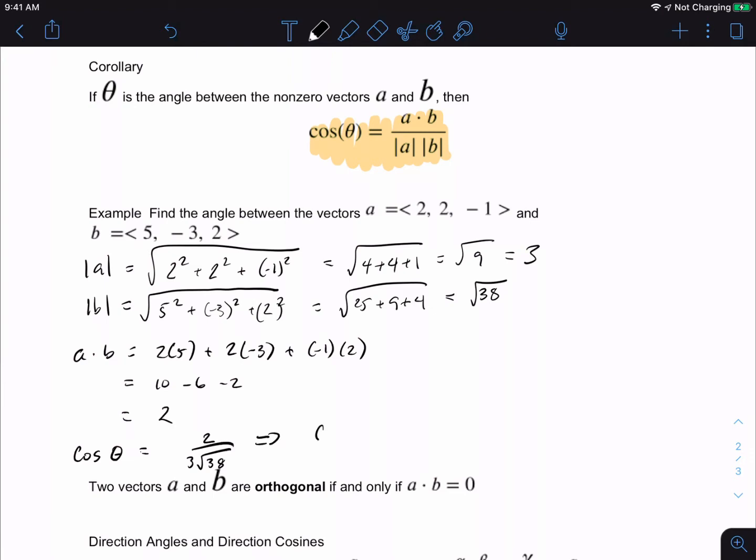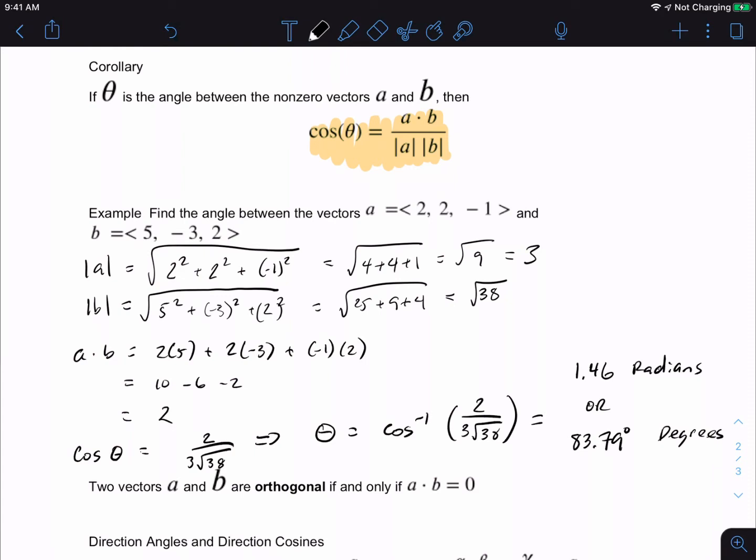But to clean that up, theta is the cosine inverse of 2 over 3 root 38. And then depending on how you want to do it, if you want to get it in radians, it would be 1.46 radians. If you do it in degrees, which some people will prefer, it'd be 83.79 degrees.